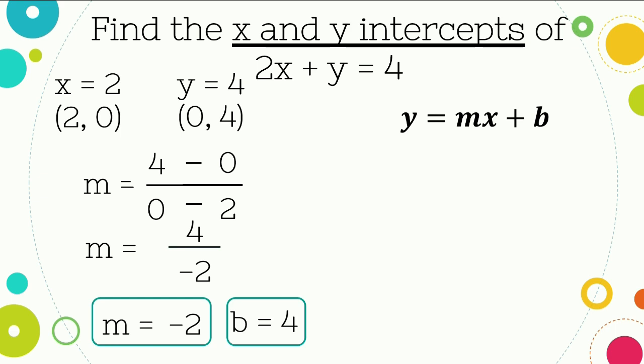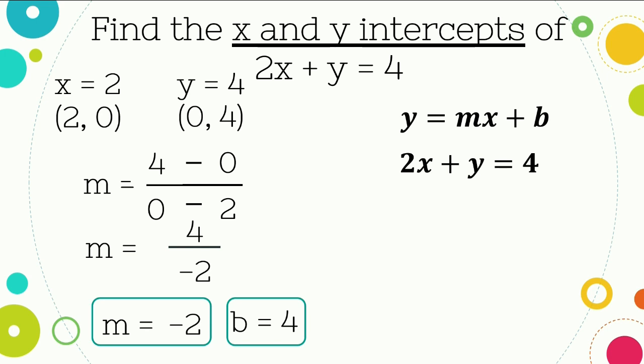Next, y equals mx plus b. Sabi nga natin, pwede natin makuha yung value ng slope given si 2x plus y equals 4. I-change natin siya into slope-intercept form. So, paano yun? Yun yung first na diniscuss kanina. So, let us have 2x plus y equals 4.